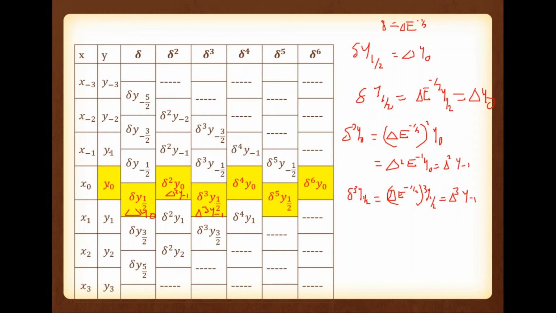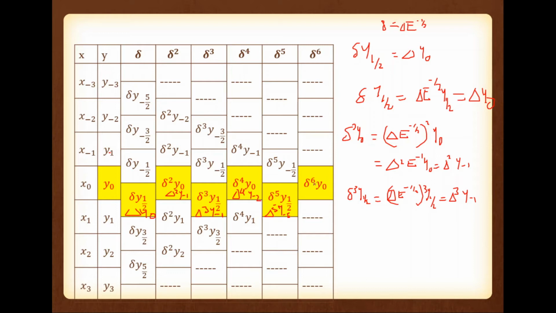Okay. So this is 0, this is 0. Now we have a backward movement, so it will become y minus 1. Now we have a forward movement, so again it is y minus 1. So definitely this one is delta raised to 4. You can find it, delta raised to 4, backward movement, so y minus 2. Then forward movement, so delta raised to 5, y minus 2.